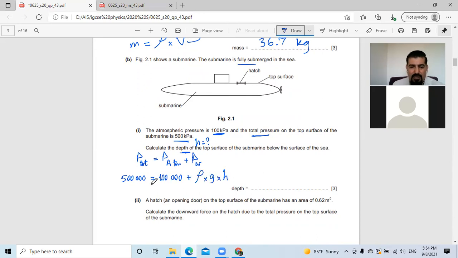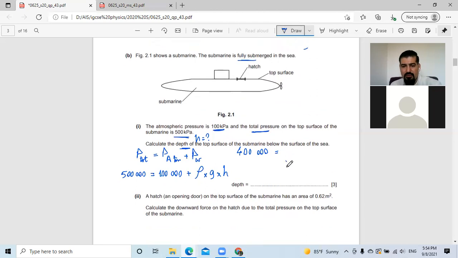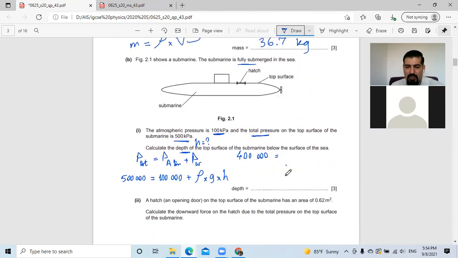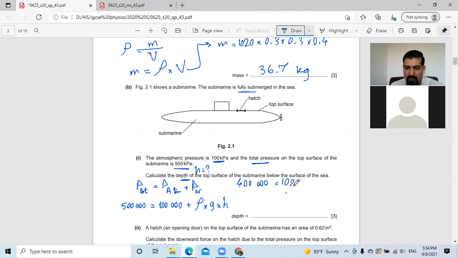Moving this to the other side, it will be 400,000, equal to the density, 1,020, multiplied by g, which is 10, multiplied by the depth. So 400,000 divided by 10,200, our answer will be 39.2 meters. We divide the whole of this by the whole of this.